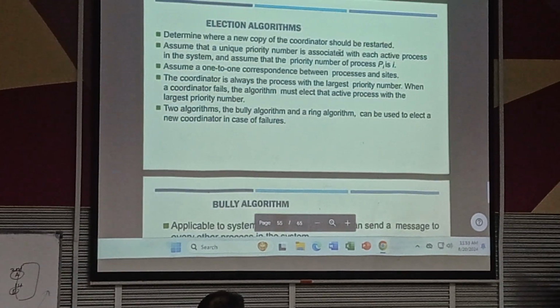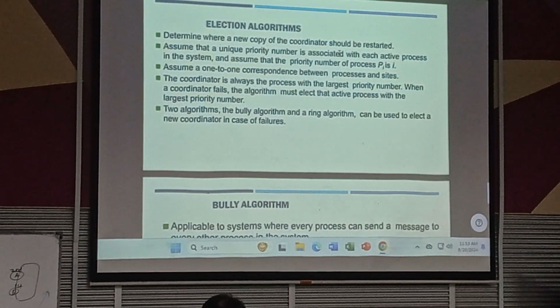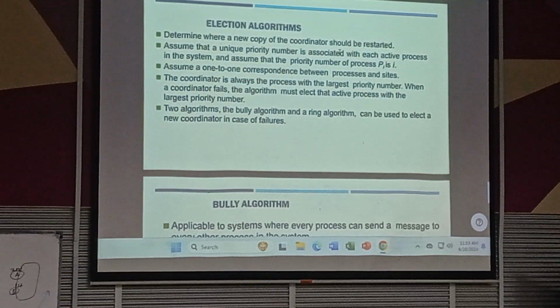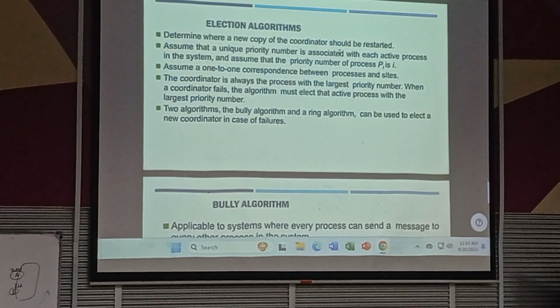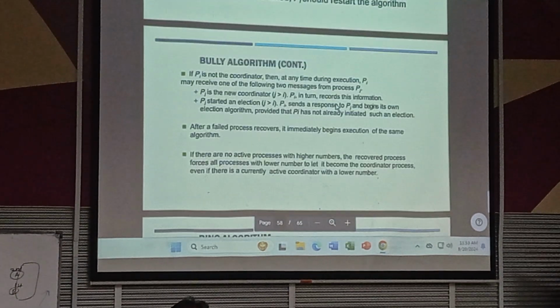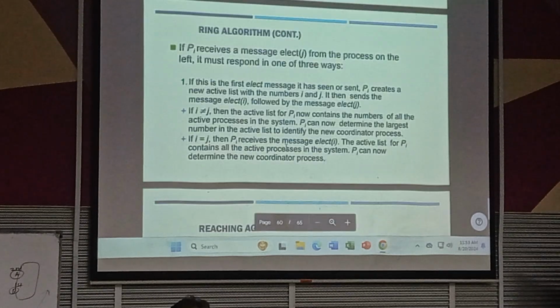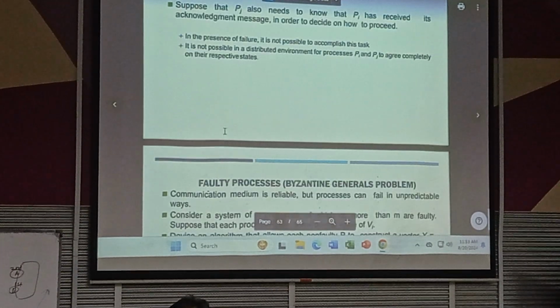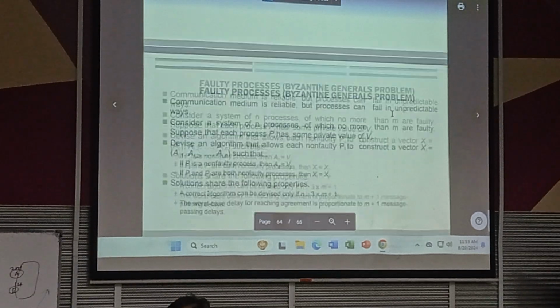Here is the election algorithm. There are many here: the Bully algorithm, the ring algorithm, and then the final one is, I think, Byzantine fault communication, which uses the Byzantine generals problem.